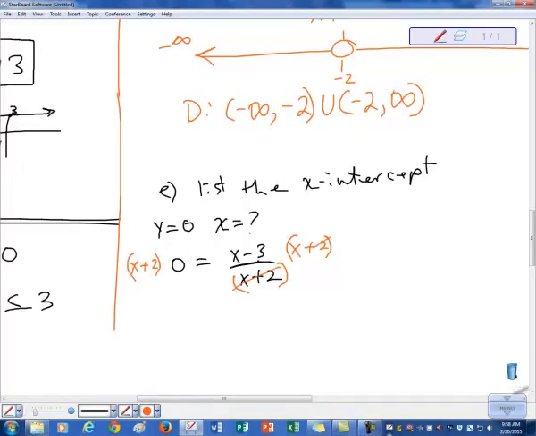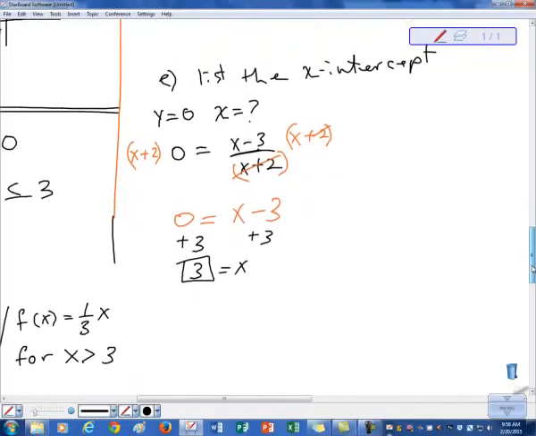Technically, you could just set the numerator equal to 0, but you could go with the x-y intercept method and stay consistent with that. So we solve for that. We apply plus 3, and we get x equals 3. And you would just leave it like that. You would not put this particular one in a coordinate point.